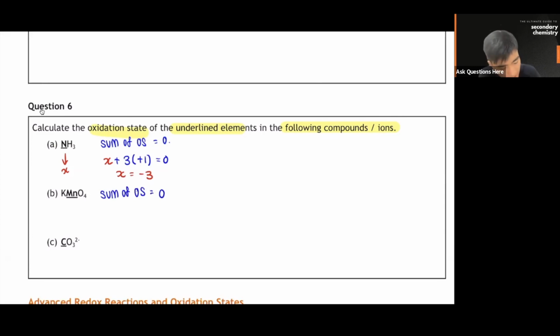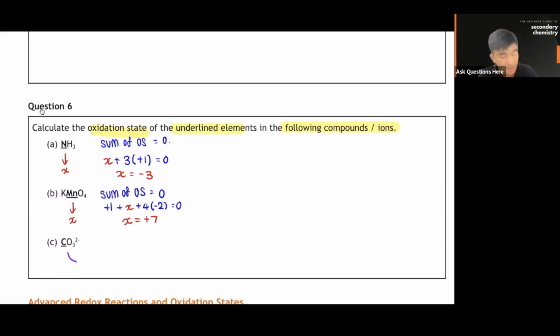Since I don't know Mn, I'm going to put X. Potassium is a group 1 element, so +1, plus X, plus 4 times -2, equals to 0. Therefore, with some simple mathematics, X is going to be +7. Is that okay, everyone?